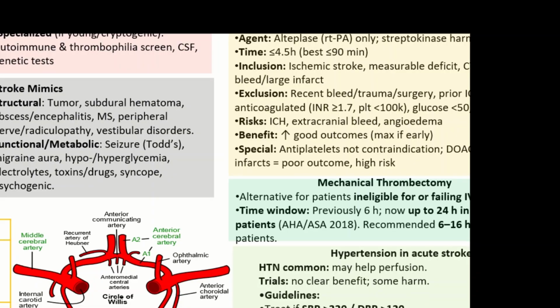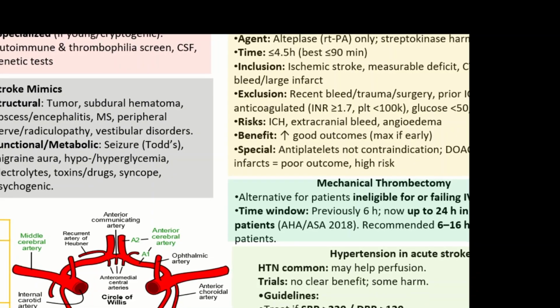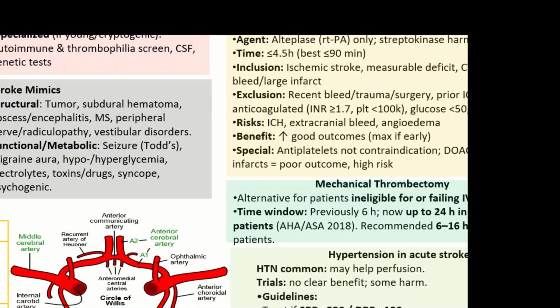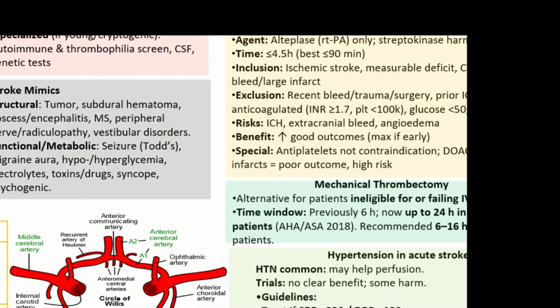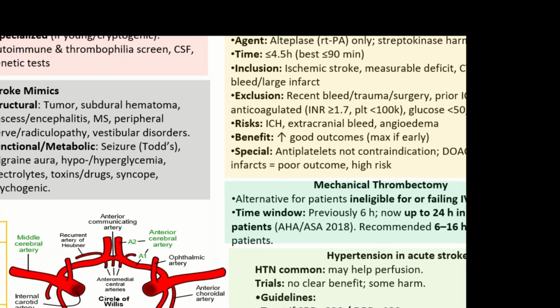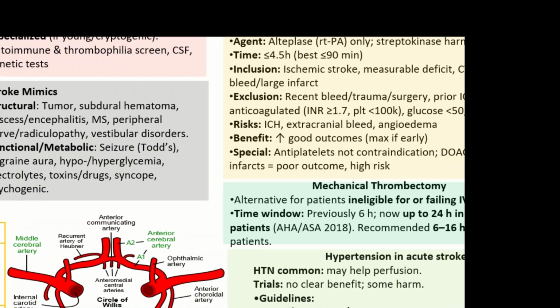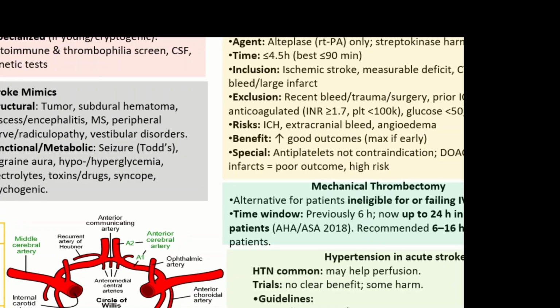They may have cessation of all function, they lose motor control for some time, and that's Todd's paralysis. We may have migraine aura, hypoglycemia, electrolyte imbalances, toxins and drugs, syncope, and it can also be psychogenic.